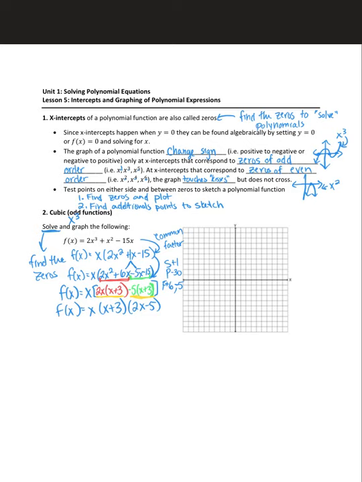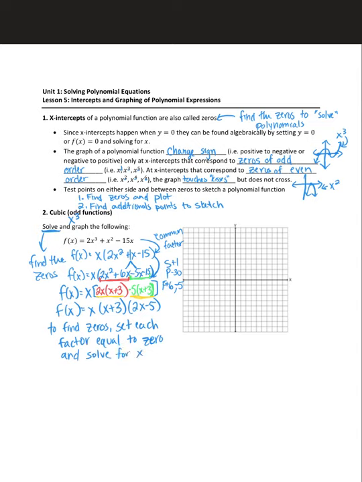So recall in past math classes, if we want to identify our zeros, we're going to set, we'll say to find zeros, set each factor equal to 0 and solve for x.